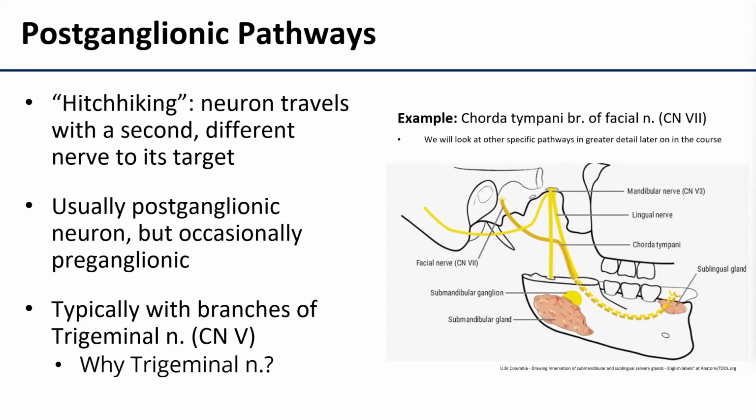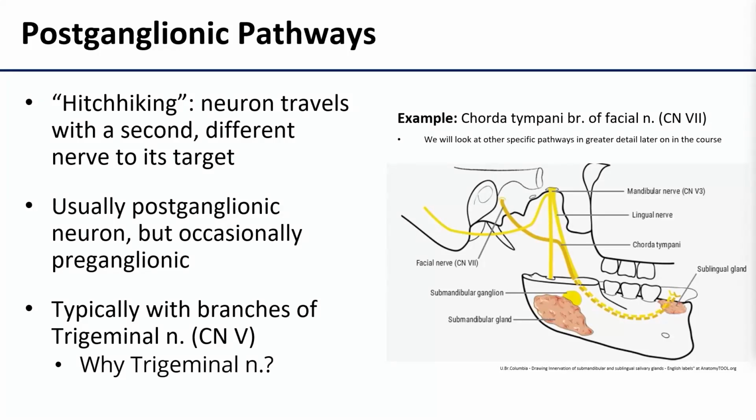Now, the one aspect of parasympathetic pathways that tends to confuse more people than anything else is how that postganglionic axon then travels to its target once it leaves the ganglion. Because it's not as simple as just jumping back on the same cranial nerve that the preganglionic neuron traveled with. Instead, that postganglionic axon leaves the ganglion and it tends to run with or hitchhike with branches of completely separate cranial nerves.